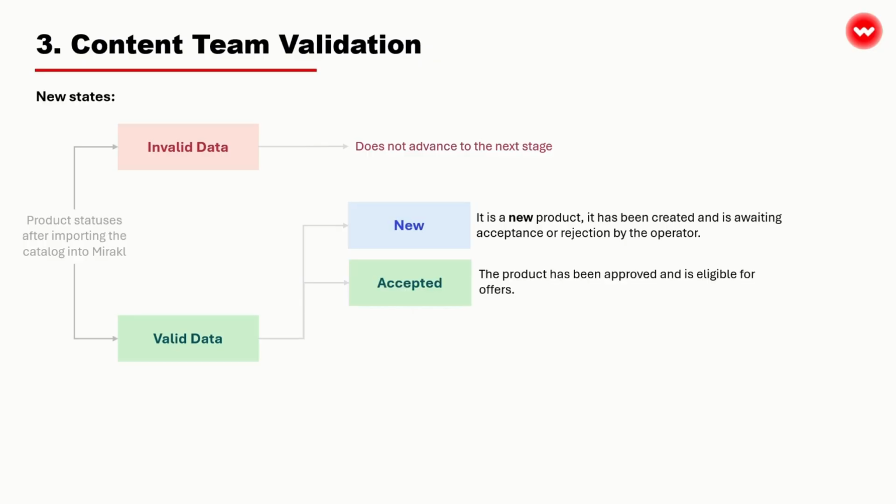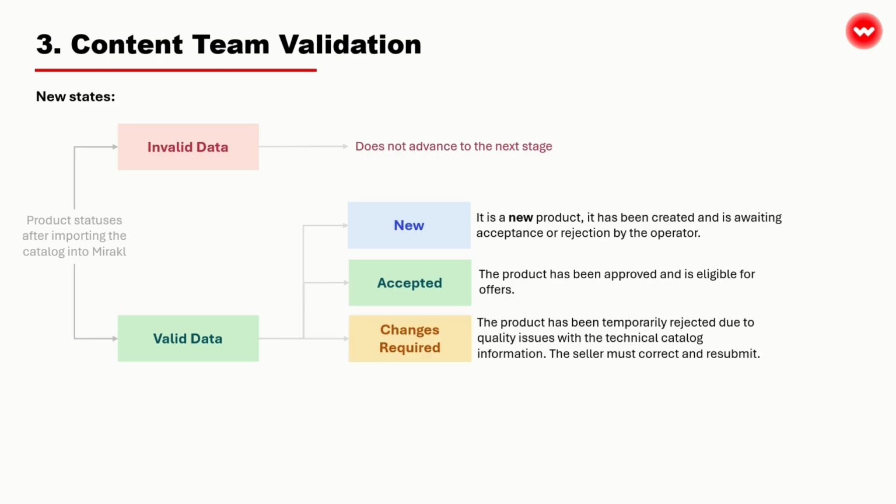Accepted. The product has been approved by the catalog team and is now eligible for offers. Changes required. The product has been temporarily rejected because it does not meet certain quality or content requirements. The catalog team provides feedback and the seller must update and resubmit the product for review.